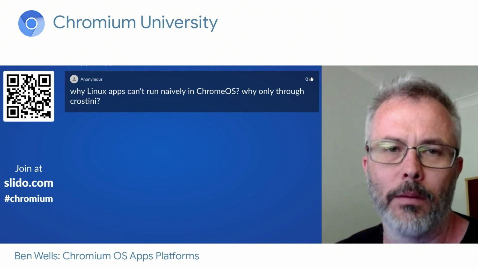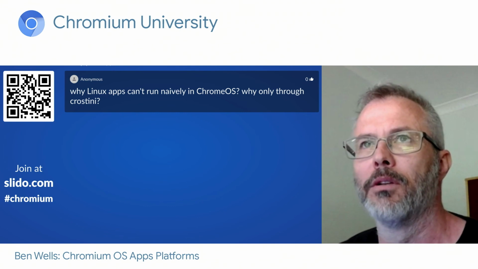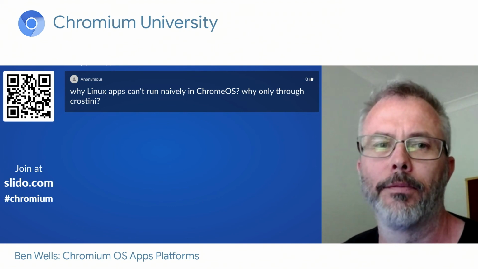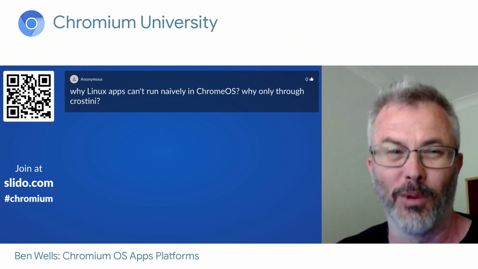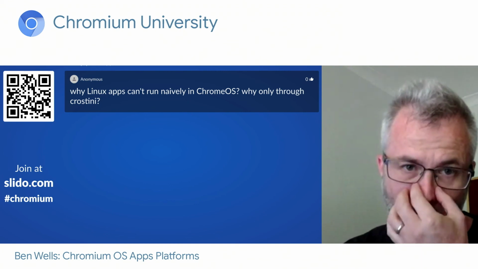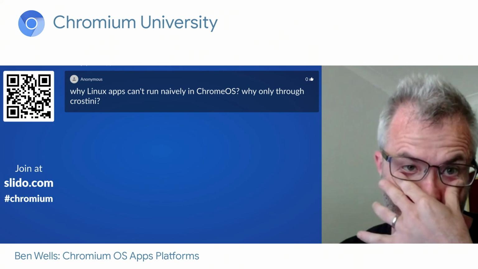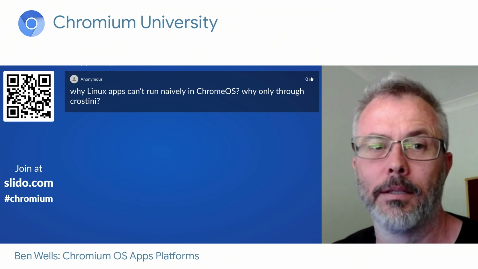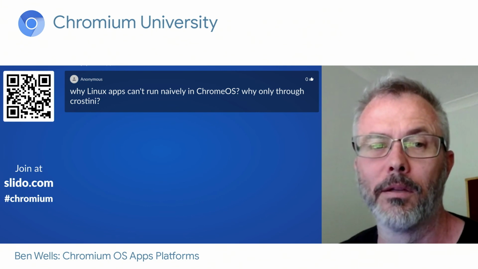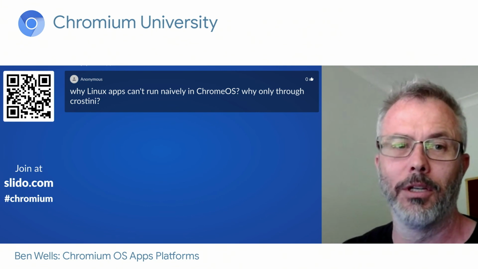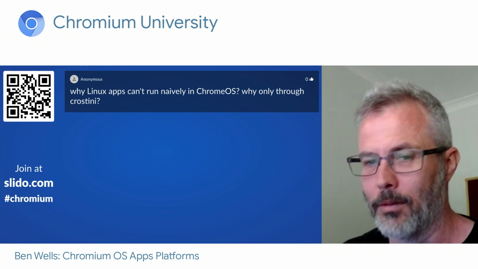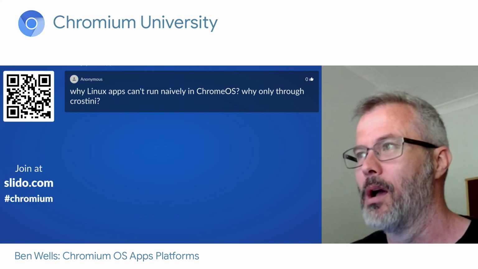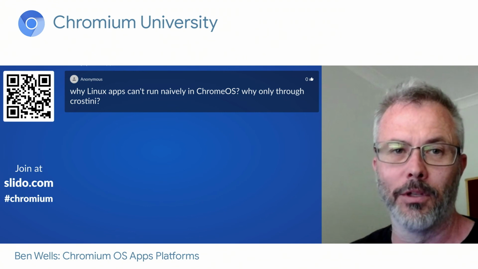If we made it so that developers could run apps directly on the system, we do have the minijail, so I guess we could try and sandbox them, but we don't view that as providing a strong enough security boundary. So the VM lets us meet the goals of this technology, which is to empower developers to use Chrome OS to develop software without compromising security.